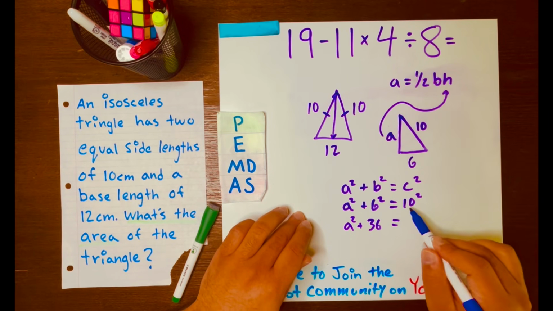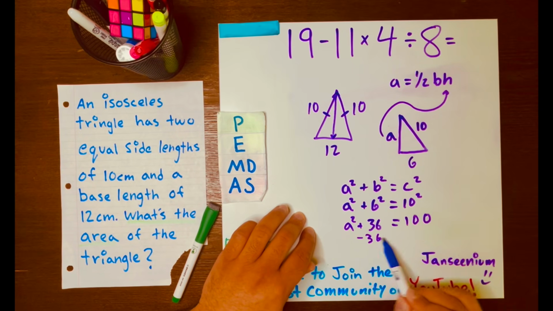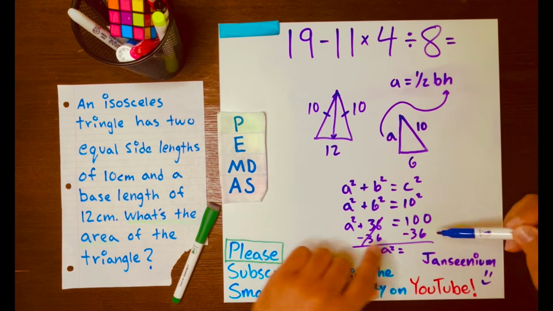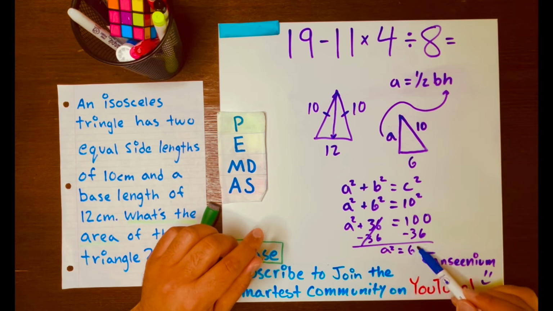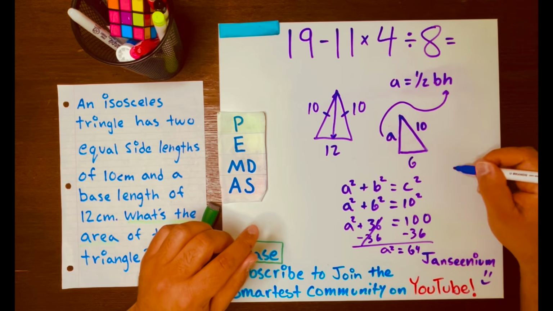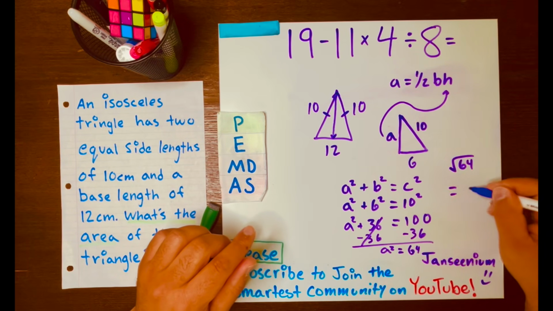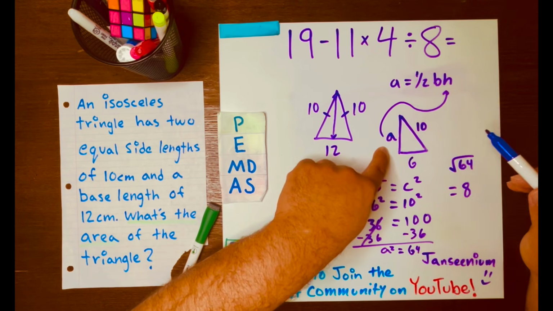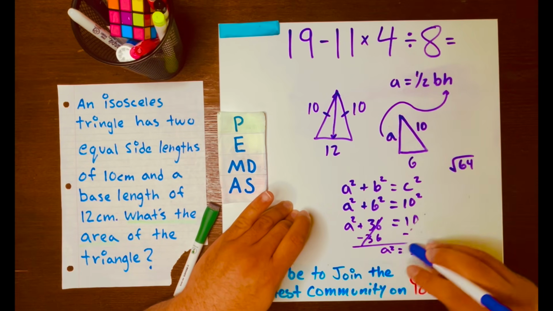And then 10 times 10 is 100. And then you subtract both sides. So this becomes 0. So now you have a squared. And all you have to do is subtract 100 minus 36. That's 64. And so the square root of 64 is 8, right? 8 times 8 is 64. So I figured out the height. So we have a height of 8 centimeters.